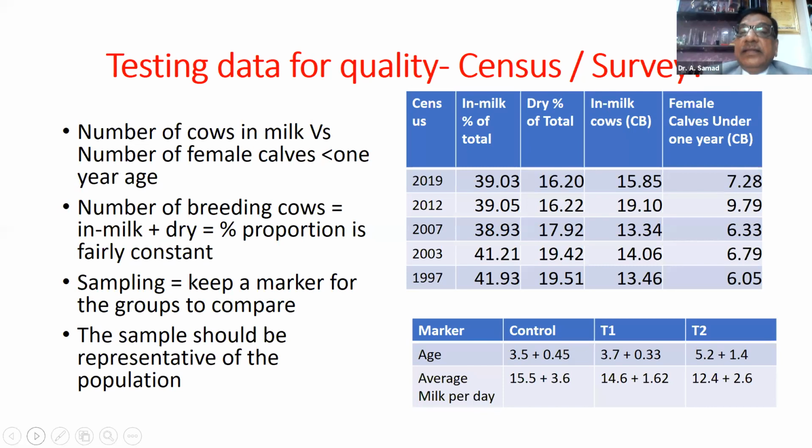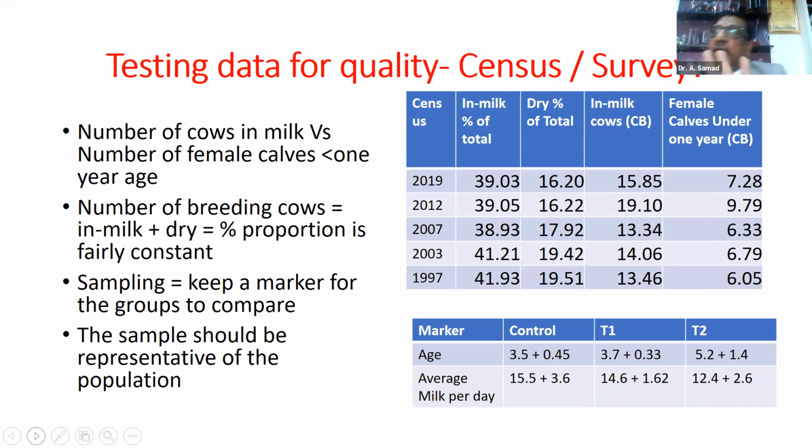You can see that it's fairly constant, from 39 to 41%, varying very narrowly within 2%. Depending on the trend, I would say that because I know farmers would always keep in-milk animals constant, because they don't want a large number of animals, an extended population, as they have to feed them. So I say, okay, my data appears to be correct trend-wise.